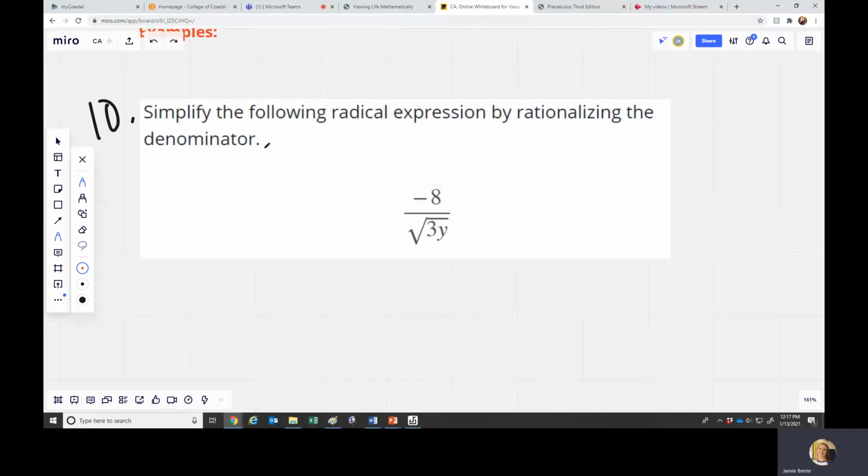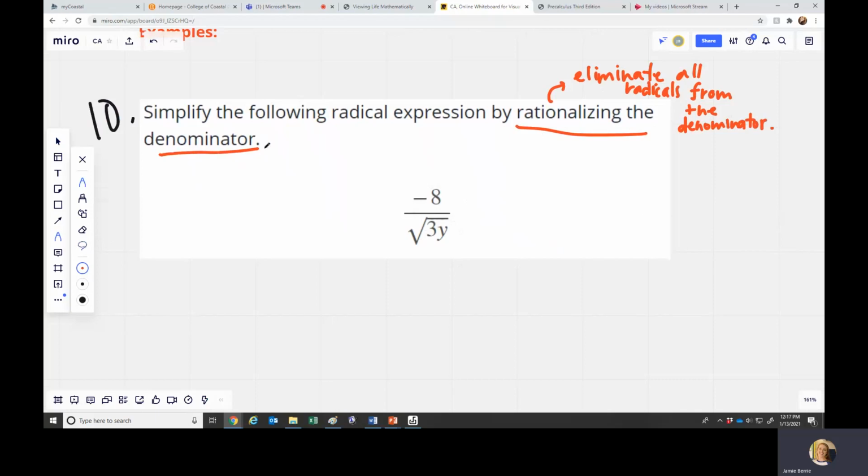But if you were going to rationalize the denominator here, that means eliminate all radicals from the denominator. Okay, so we're eliminating all of the radicals from the denominator.